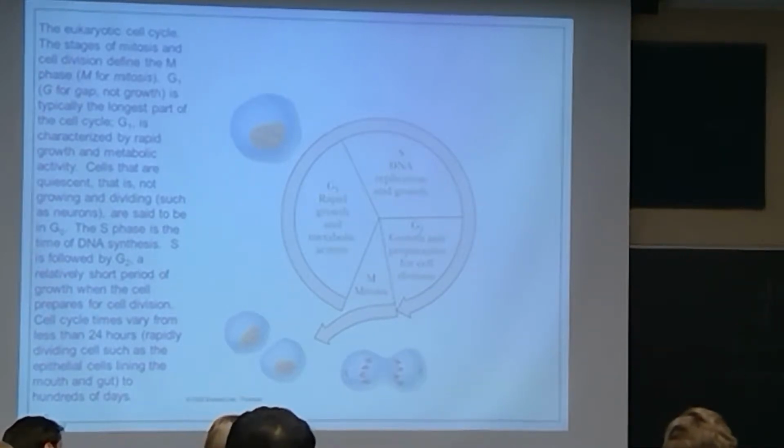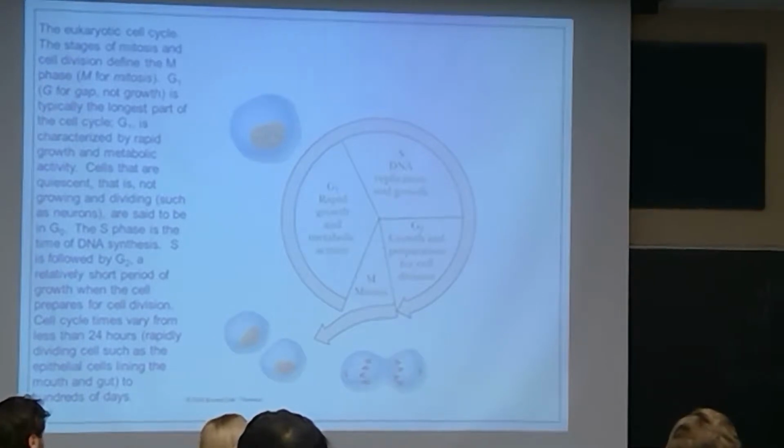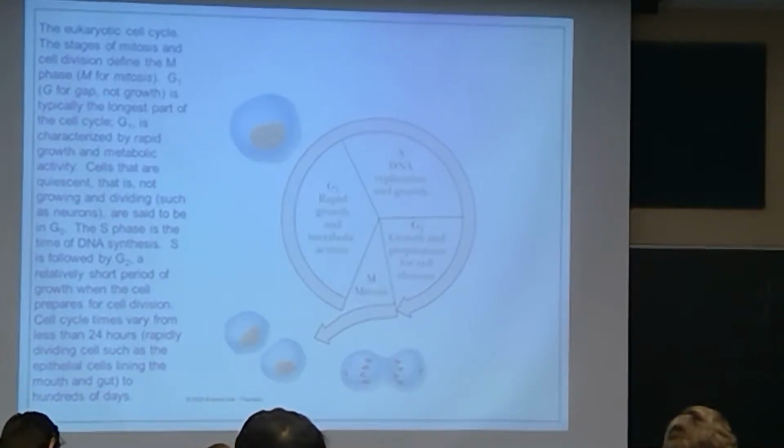So this is cell cycle. What I want to say in the cell cycle is that there are 4 phases. The most important thing I want to emphasize is that the cell cycle is highly regulated. There is a cell cycle checkpoint. Until one phase of the cell cycle is completed, the cell never goes into the next phase.